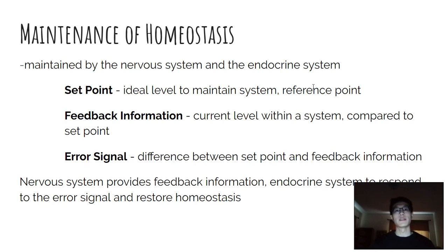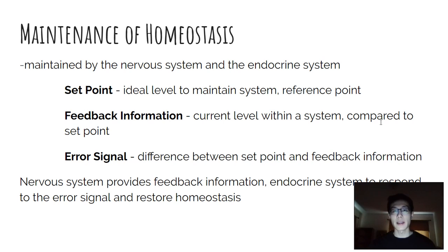So for instance, a specific temperature, a specific pH. We need feedback information. So we're looking at the current level within a system, and then we're comparing it to that set point. Of course, we also need an error signal within our body, because that error signal is then going to tell us that difference, right? That difference between the original set point as well as that feedback information.